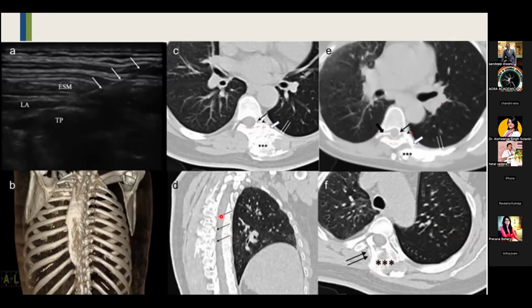So they did find with MRI studies. So the recent MRI studies have concluded that there is a drug migrating from the dorsal erectospinal plane to the ventral paravertebral space.